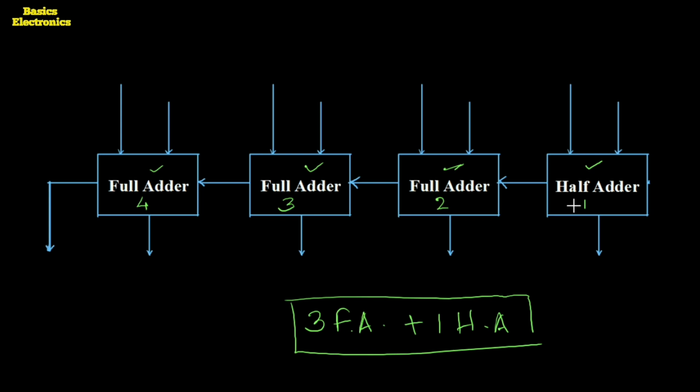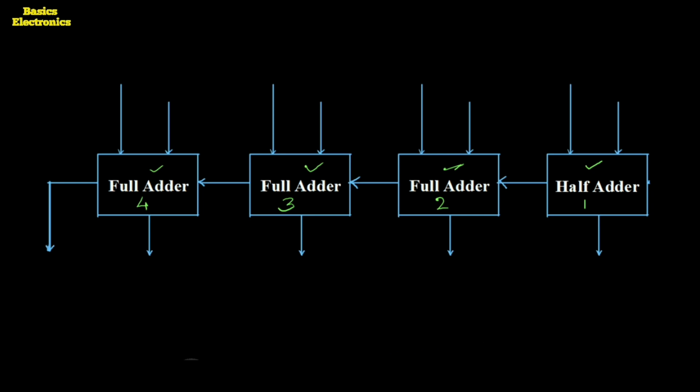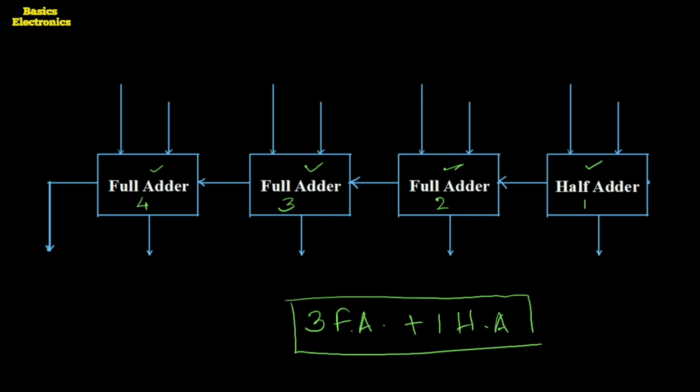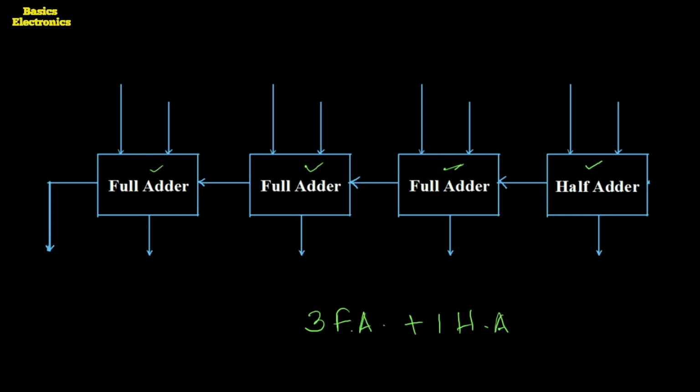All these circuits are blocks, or we can say these are the symbols we use for the full adder and the half adder. This is also called a block diagram or a logical diagram. When the question is asked, these diagrams are used for the construction of the 4-bit binary adder.